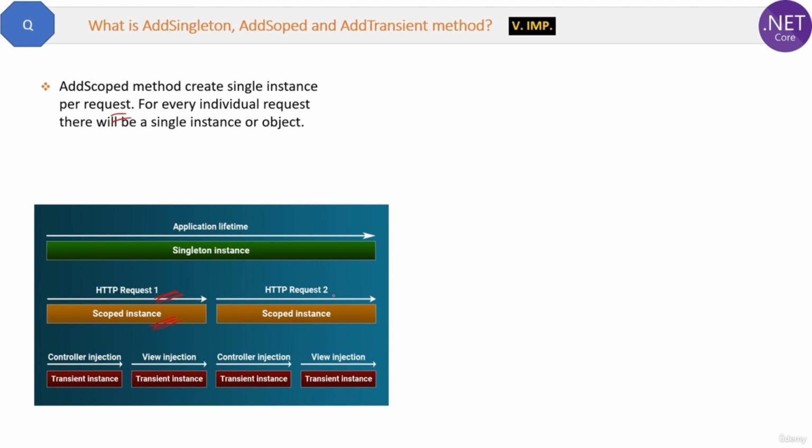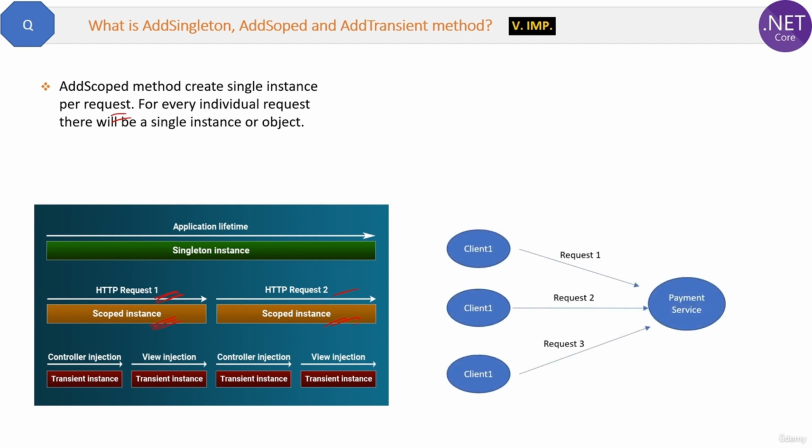The real application use: suppose there is a payment service in your application and you do not want the payment instance of a particular request of a particular user to be shared with any other request, any other user's request, right? Because different requests should have different objects or instances. Payment information must not be shared.